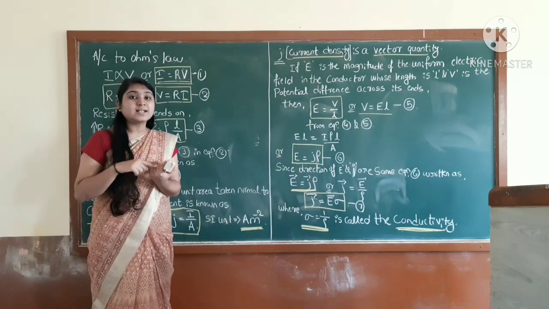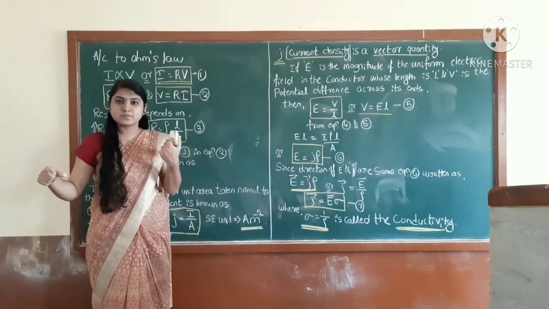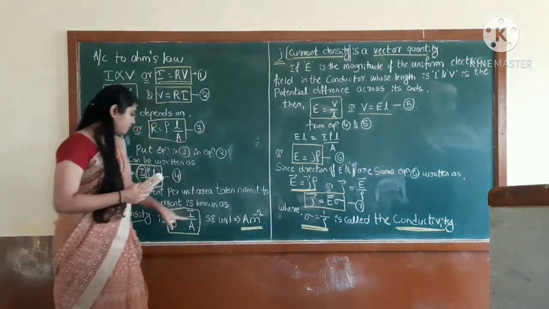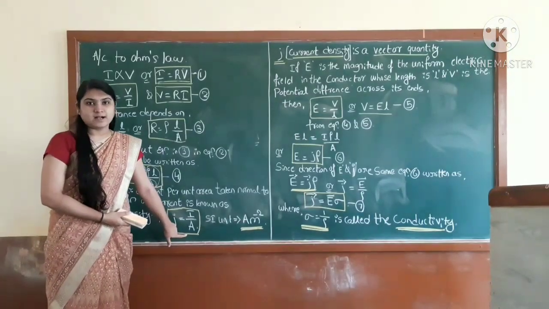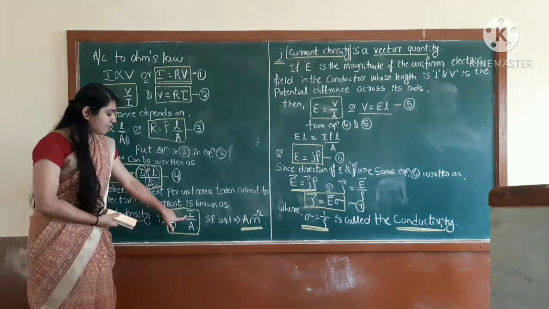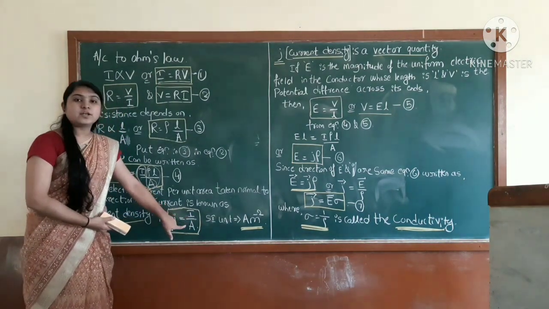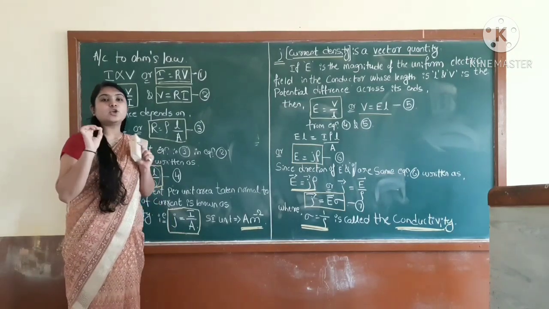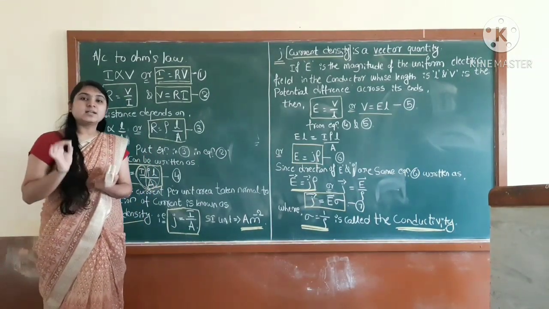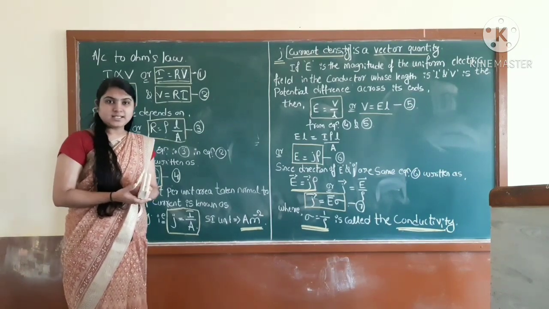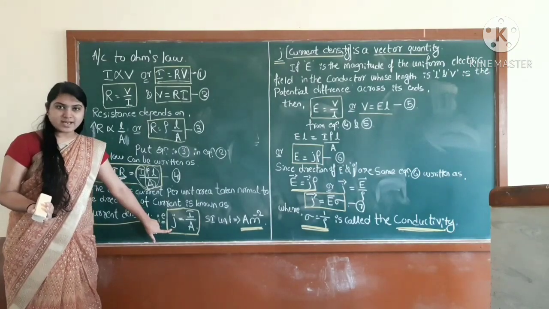In the previous class I took the example of a pipeline from the tank to the tap, right? So here also J is nothing but the current divided by area. The amount of current per unit area in a normal direction to the current, we can say it as the current density. And we denote it with the letter J, right?